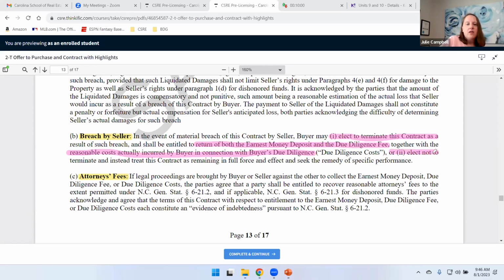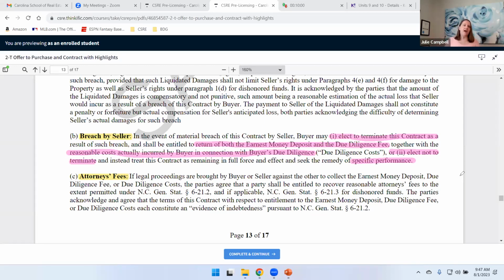Or the buyer can elect not to terminate, keep this contract in full force, and seek the remedy of specific performance. Specific performance is the legal remedy to make the breaching party perform. So remember, the seller's big obligation is to provide clear marketable title.